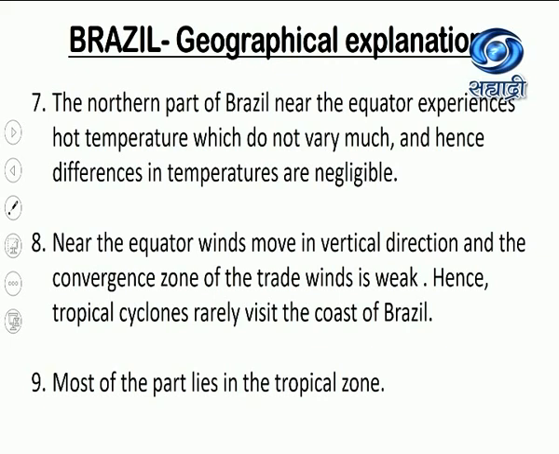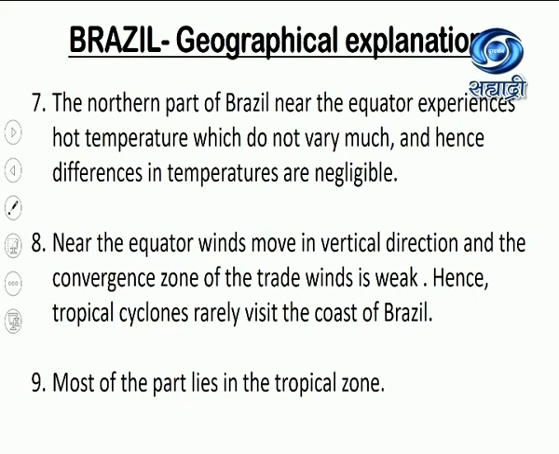The northern part of Brazil near the equator experiences hot temperature which does not vary much, and hence differences in temperatures are negligible. Near the equator, the winds move in a vertical direction and the convergence zone of the trade wind is weak. Hence, tropical cyclones rarely visit the coast of Brazil.